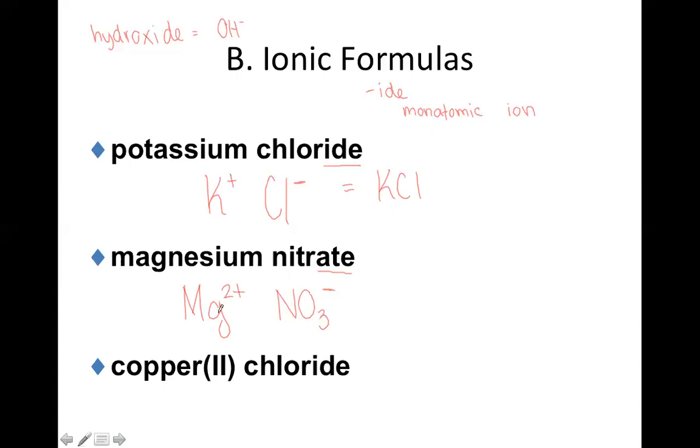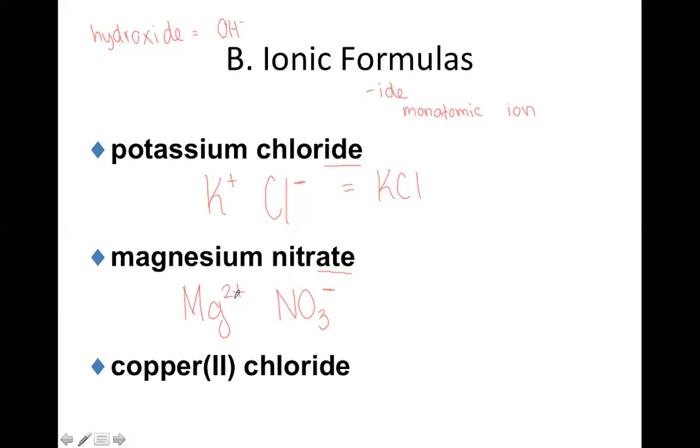So we have Mg2+ and NO3-. From there, do we crisscross or cancel? A 2 plus and a 1 minus don't cancel, so we have to crisscross them. Now, when we're crisscrossing these, we're crossing over some number that is not 1 to the poly.